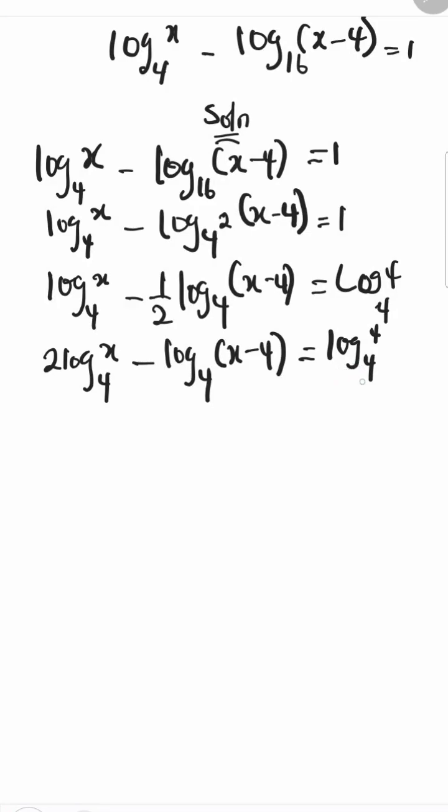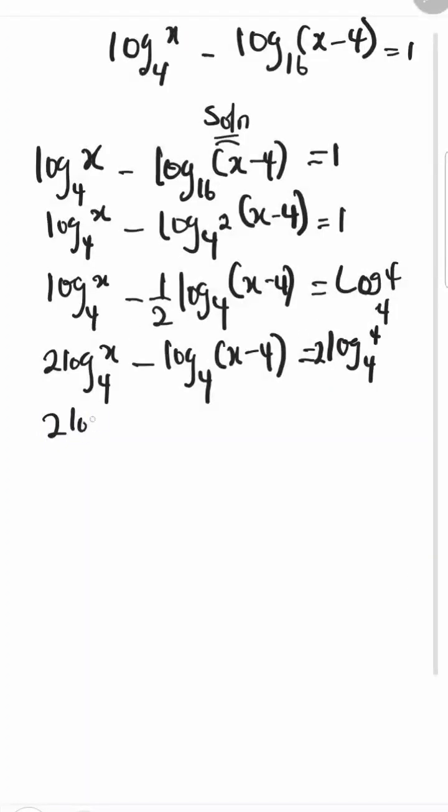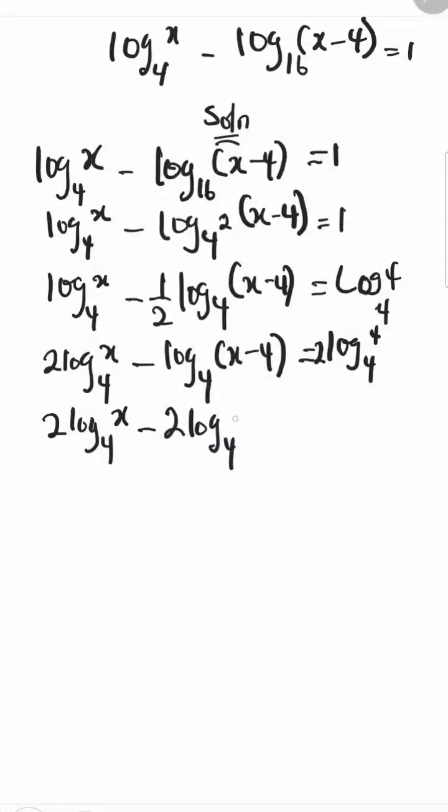Actually, multiply this by 2 since we are multiplying all through by 2. So we have 2 log base 4 of x minus 2 log base 4 of 4, is equal to, taking this to this other side, log base 4 of (x minus 4).